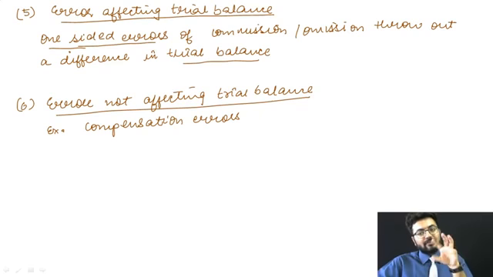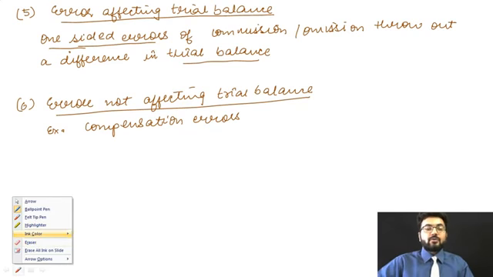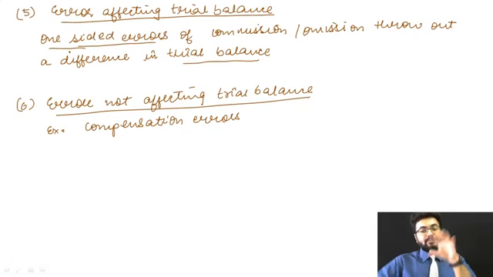Those kinds of things are not going to affect your trial balance. Right? Now moving on to next, talking about those kinds of errors which form headings for you guys, and those are going to be important as well. Should I go ahead? Please pause.